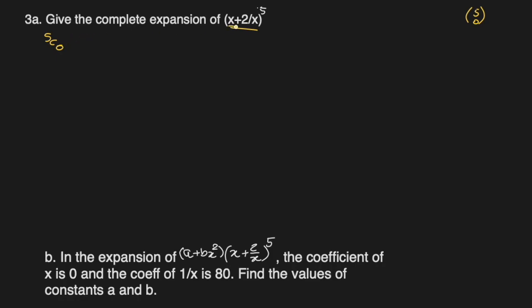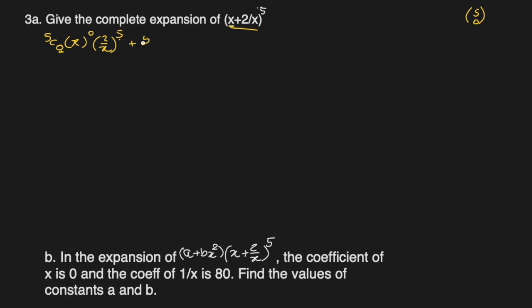Then the first element of the bracket should be given the same exponent as this number I have started with, 0. So out of 5, 0 are with x, so the remaining will be with the second element of the bracket, 5, right? So 5 plus 0 has to be 5, and these two numbers should match.